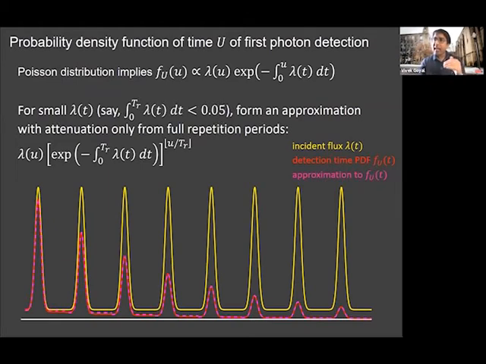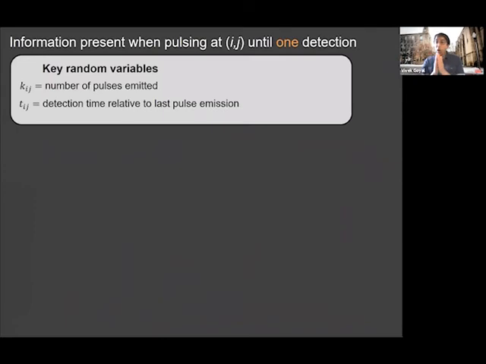With this, we end up with a beautifully simple model for the data by looking at U, the detection time, divided by the repetition period and the remainder from that division. So we have one photon detected at pixel ij.